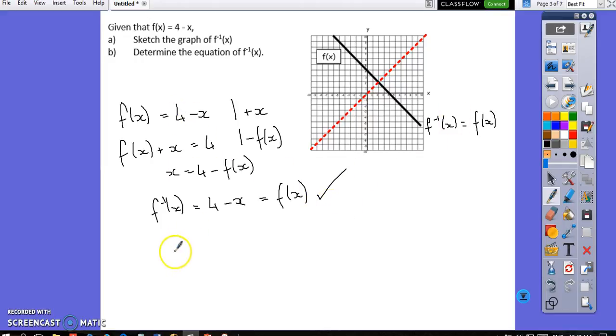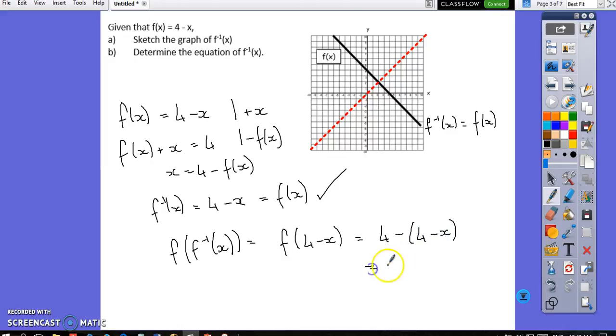And we can check this. If I do f of f to the minus 1 of x, then I've got f of 4 minus x, which is 4 minus 4 minus x, which is 4 minus 4 plus x, which is just x. So it's true that these are inverses of each other and they are the same function.